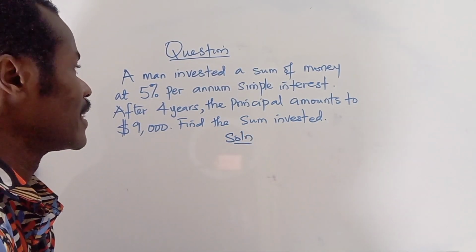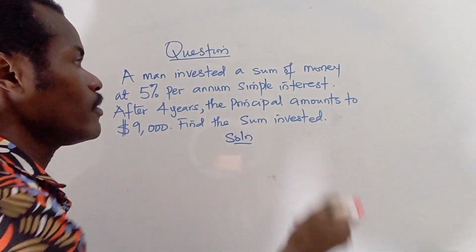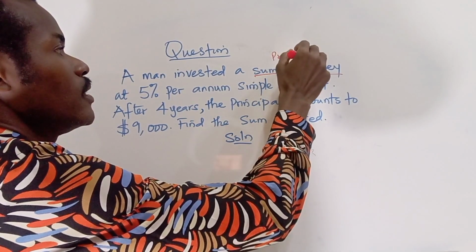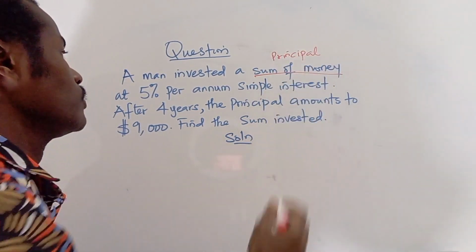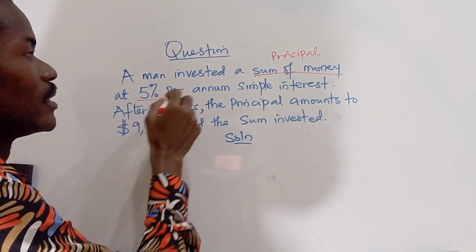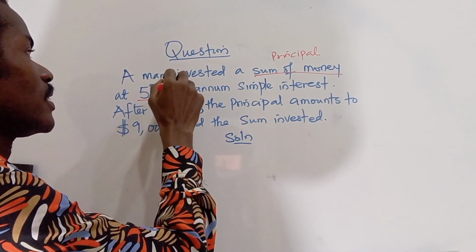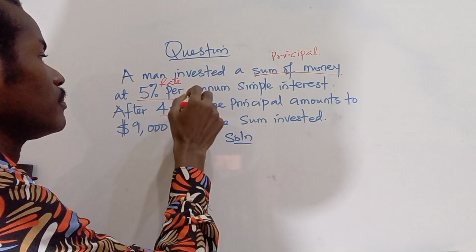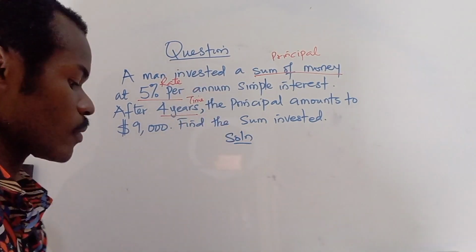A man invested a sum of money. The sum of money he invested is the principal, which we don't know. This is our rate, and this is our time.